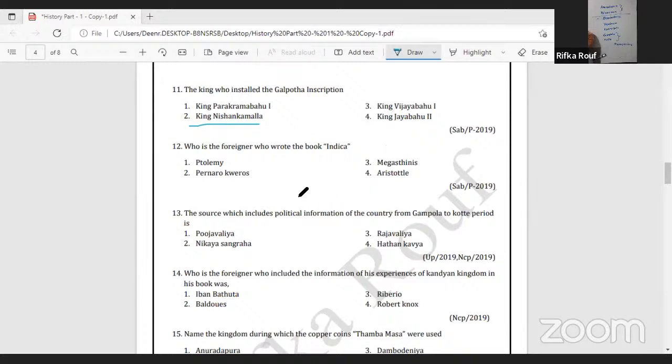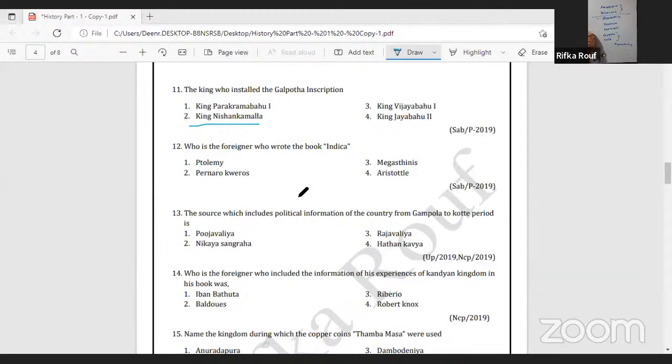So who is the foreigner who wrote the book Indica? Children, certain questions I want to mention here are repeated, but they have been asked in different provinces. Why I wanted to include that in this question pack is that you should know the different ways of asking a question, even though it is from the same content.